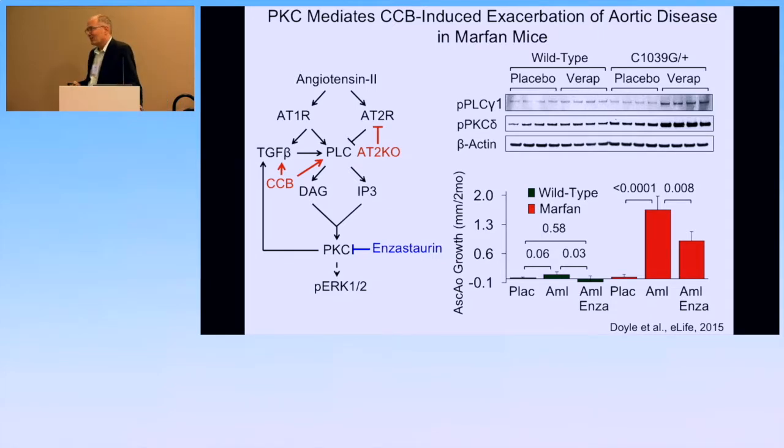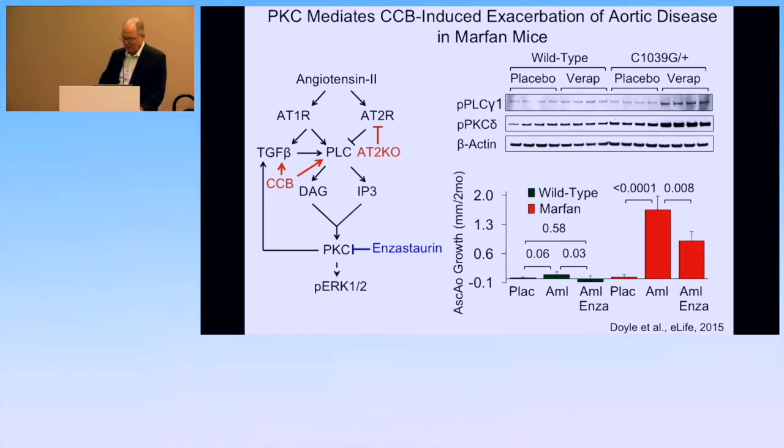Here we asked, have we only learned something about this very artificial effect, this event that's occurring in Marfan mice treated with high doses of calcium channel blockers, or perhaps have we learned something fundamental about the disease process itself?